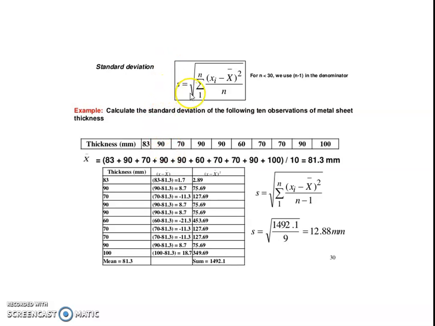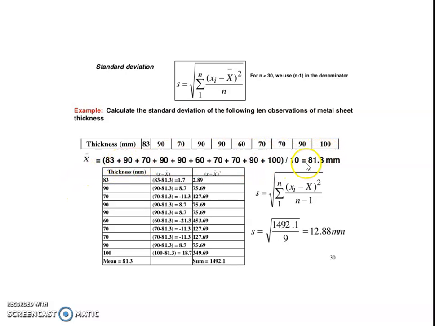Now standard deviation S is equal to the square root of summation x minus x bar whole bracket square upon n. For n less than 30, we use n minus 1 in the denominator. Let us check. Calculate the standard deviation of the following 10 observations of metal sheet thickness in millimeter: 83, 90, 70, 90, 90, 60, 70, 70, 90, 100.